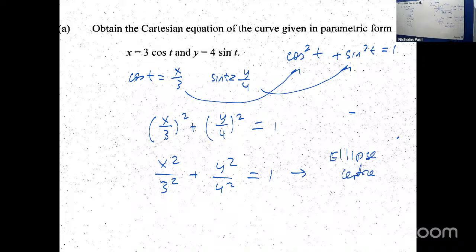What is the center of this ellipse? The center is 0, 0. And a is 3 and b is 4.